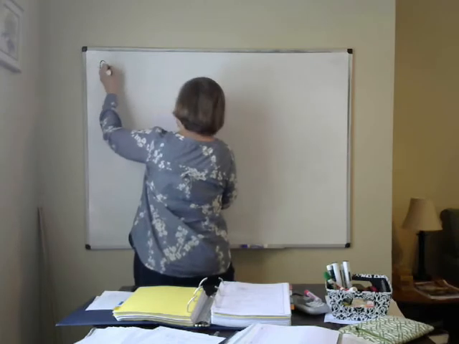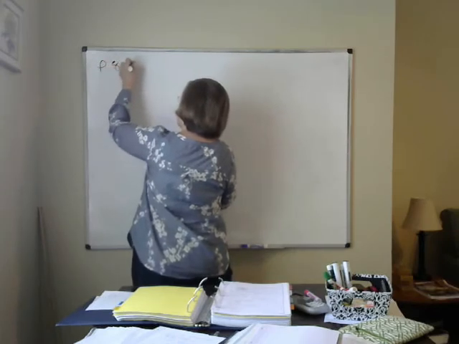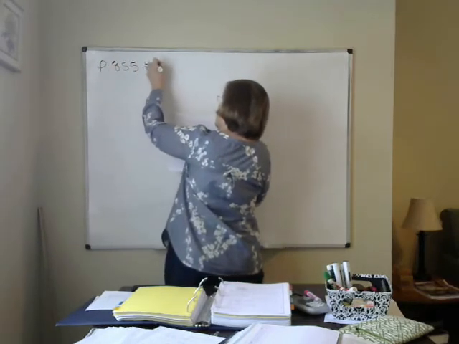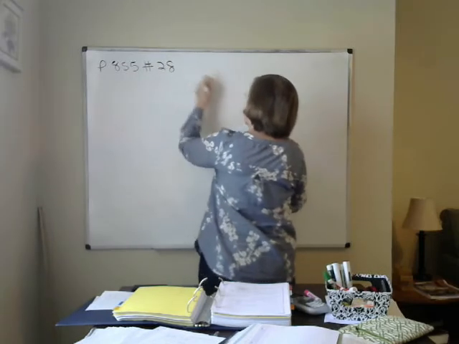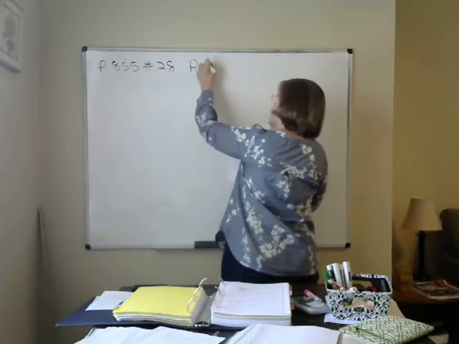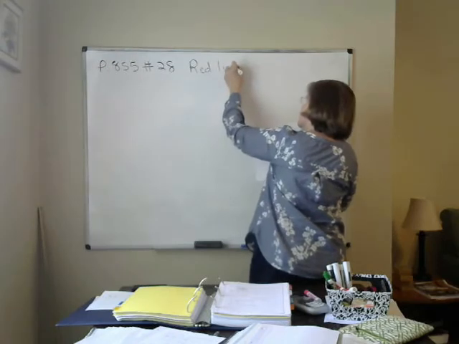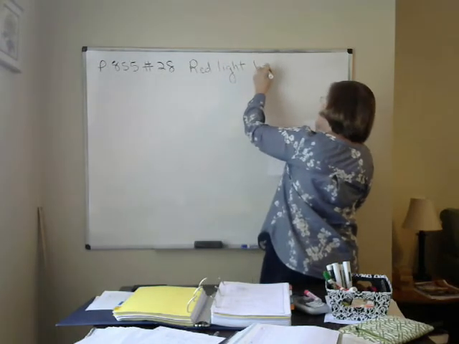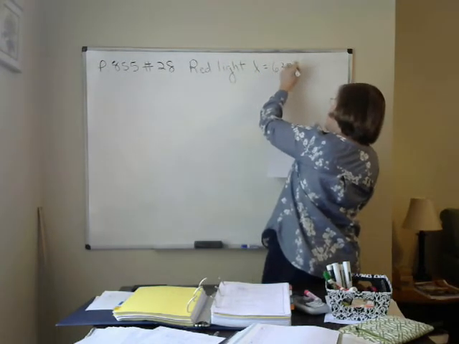This problem is found in your textbook on page 855, problem 28. It tells us we have light from a red laser with a wavelength of 633 nanometers.